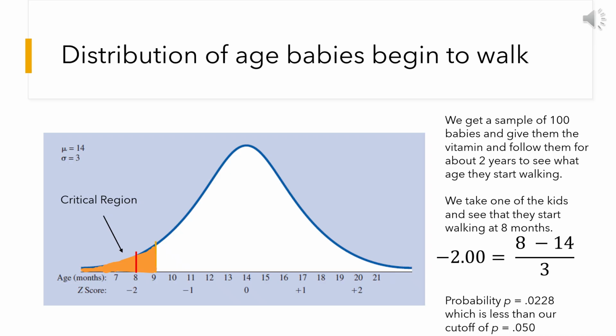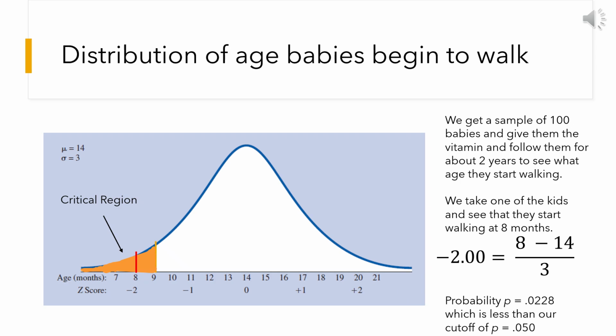It would be very unlikely to see this child walk this early if the vitamin didn't do anything. And that would be the null hypothesis. So if the vitamin really didn't help this kid walk earlier, it would be extremely unlikely to find them walking at such an early age. And therefore, it's probably the case that the vitamin really does something to speed up development and help them start walking earlier.